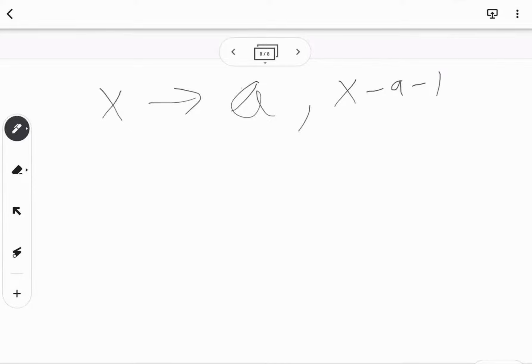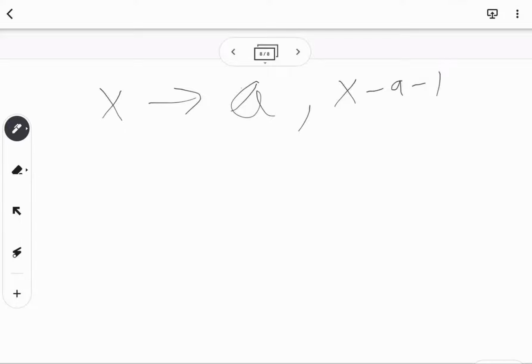You remove one stone from the pile of x, and then you split the remaining x minus 1 things into a pile of a and a pile of x minus a minus 1. And this basically covers all the possible moves we can have.